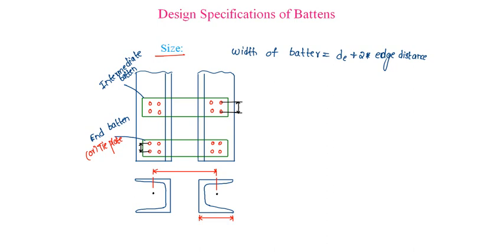In the end batten, the effective depth D_E is given as the distance between the CG of the main members.